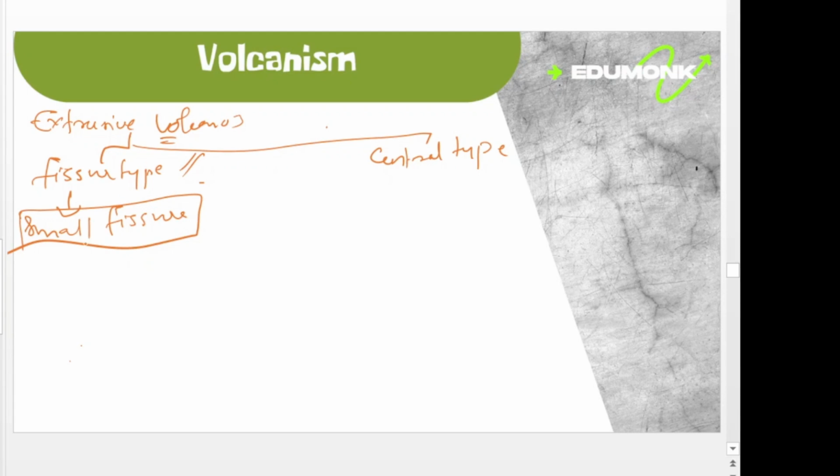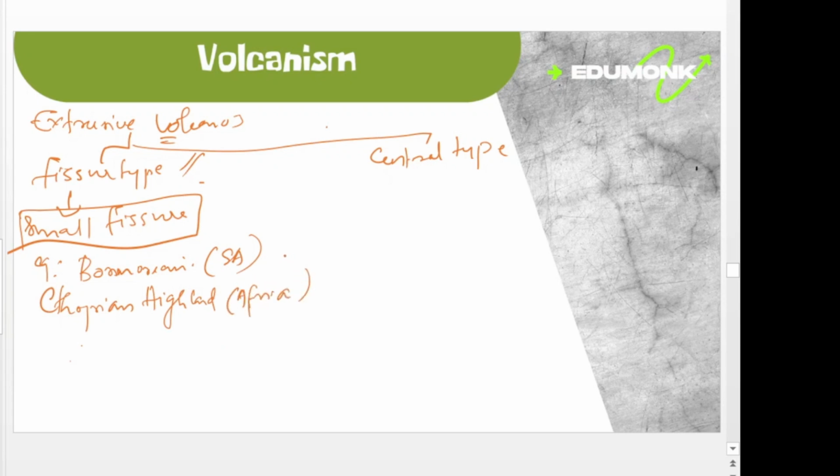If you take some examples, in South Africa, the Ethiopian highlands. Sorry, Borborema in South Africa. Then Ethiopian highland in Africa.